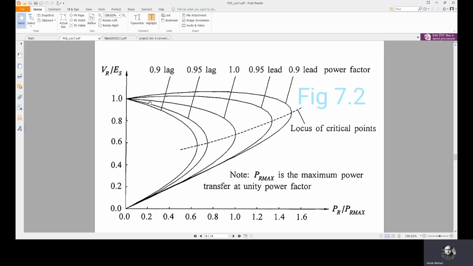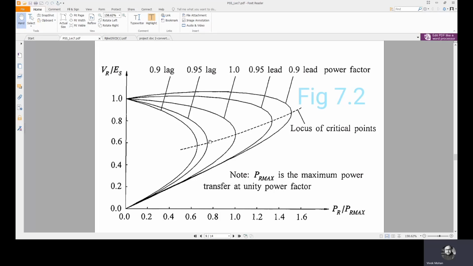But here you can see that when the power factor increases from 0.9 lag to 0.95 lag to unity, the critical point also shifts to the right side, which means the loadability of the system increases. And when it enters into the leading power factor mode, it still increases. You can also notice that the voltage at the maximum loadability point is also increasing, because the vertical axis corresponds to voltage.